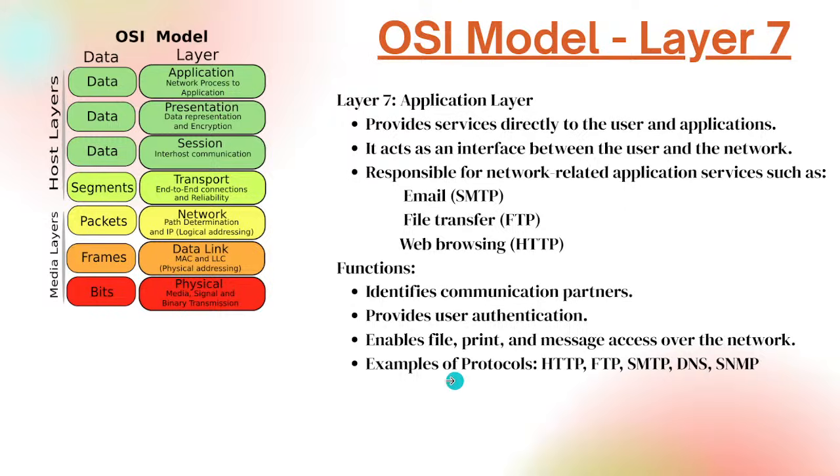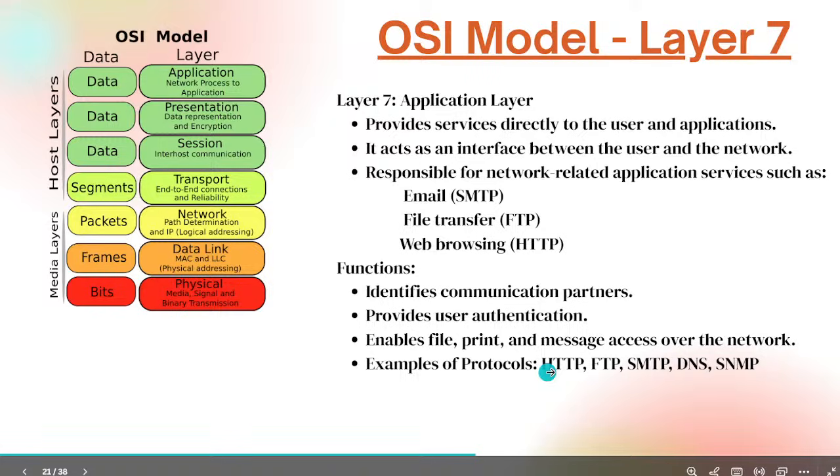These are the different protocols doing the work of the application layer. Whatever messages the application layer has, or whatever user information is there, it passes to the network by using all these different protocols.